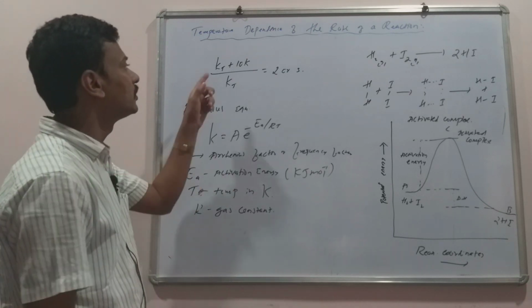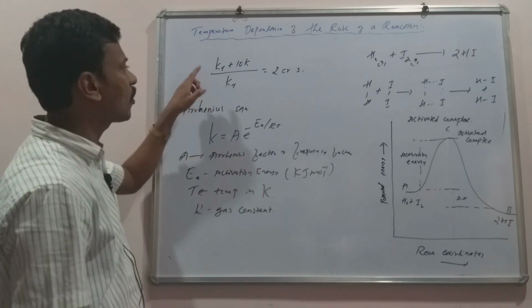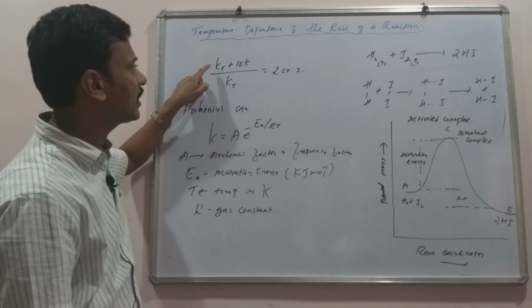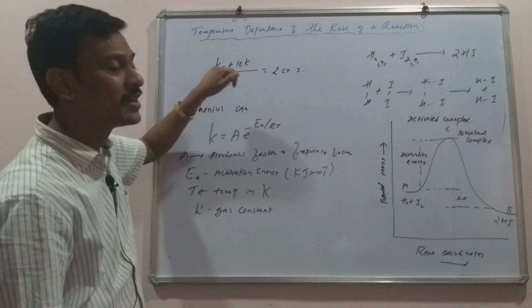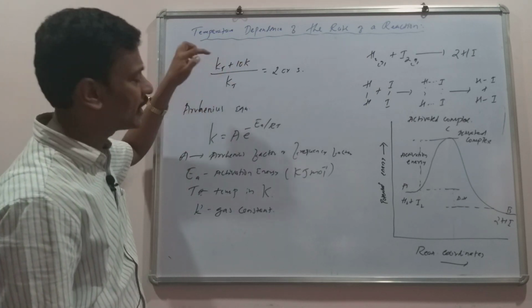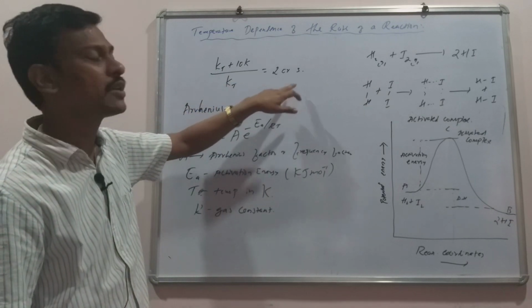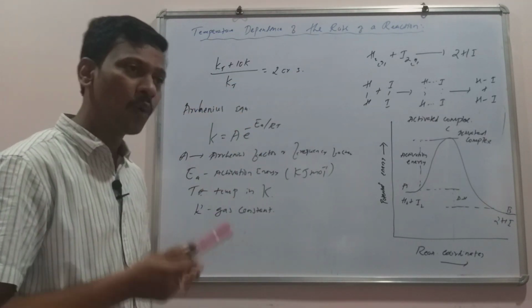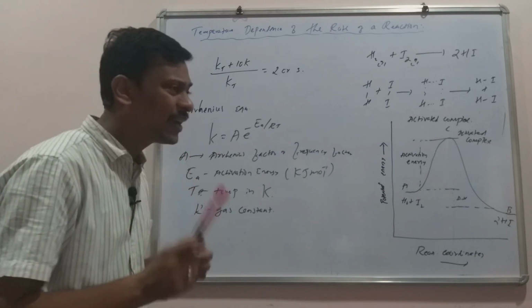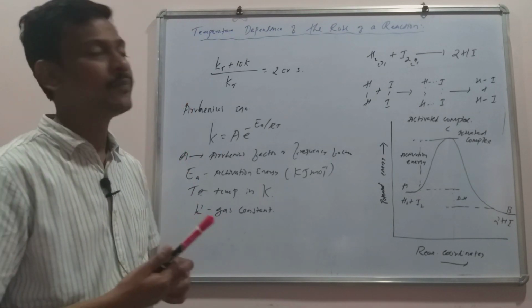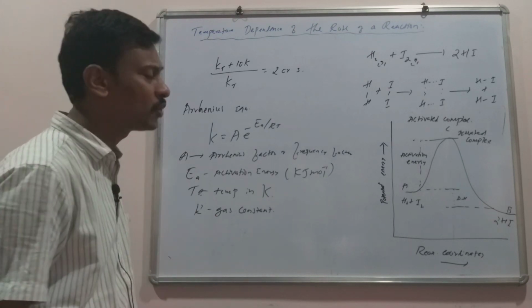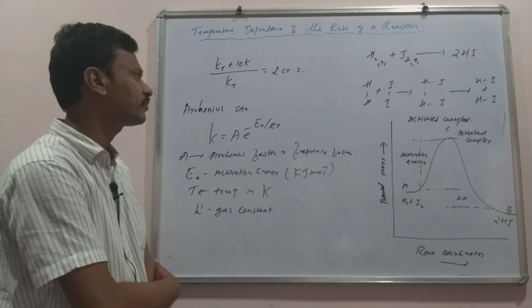That generally indicates that for every 10-degree increase in temperature, in most cases the rate constant of the reaction increases to twice.